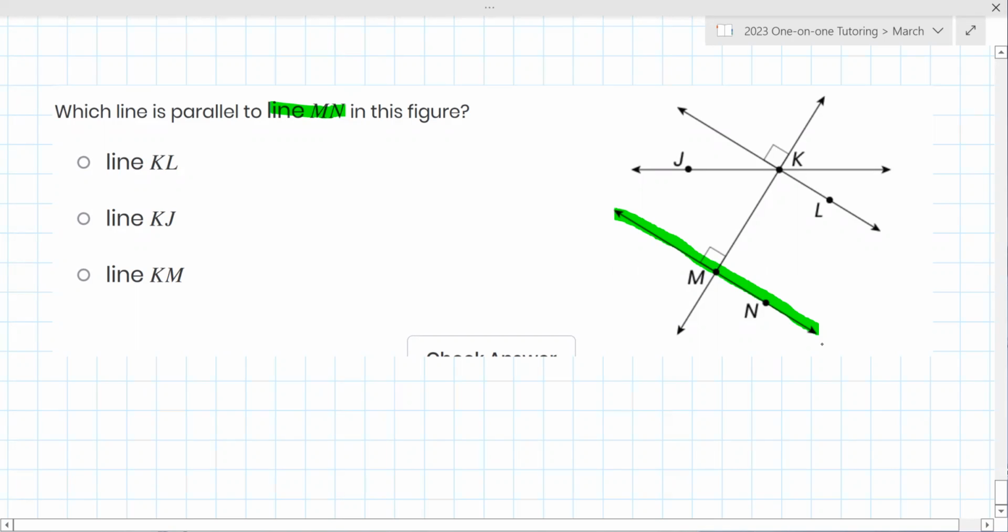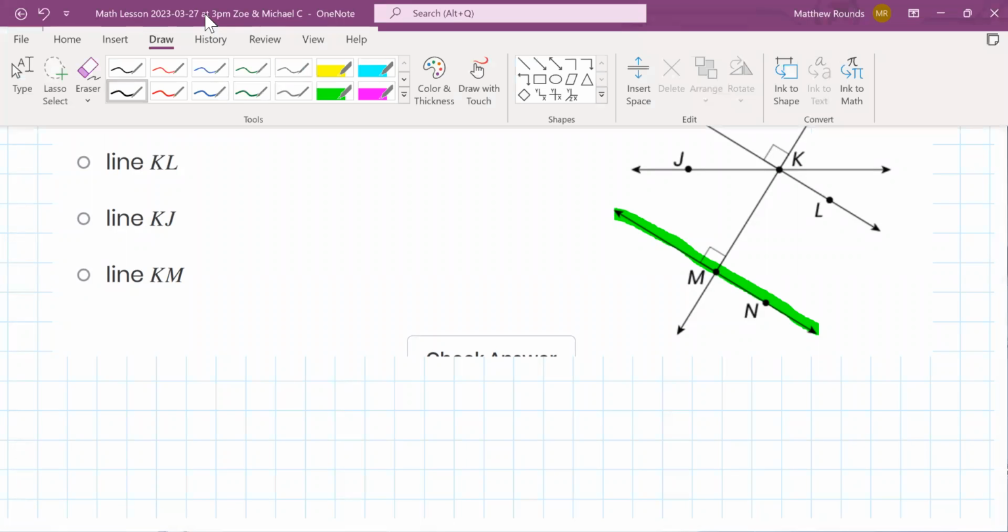Parallel means it's a different line, but it never intersects. A line has two letters. Do you see how all three answers have two letters in them? JK. Okay, so let's take a look here.